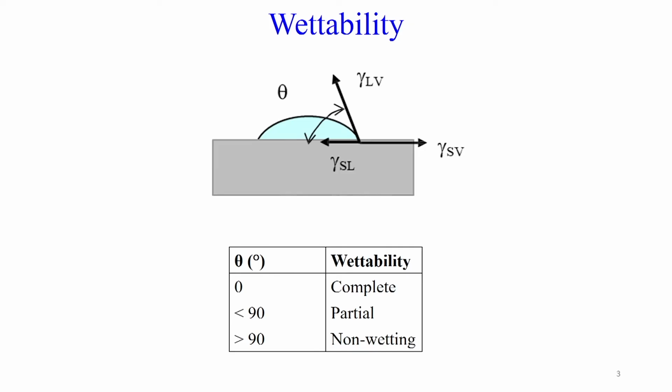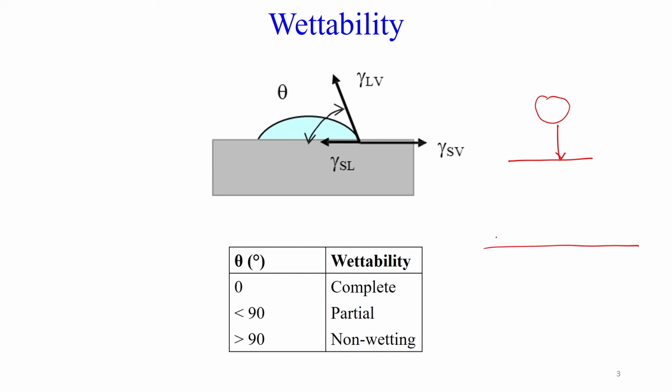So, to start with, what is wettability? As the word suggests, it is going to wet a surface. So, if you put a drop of liquid on the surface, you may have different aspects.